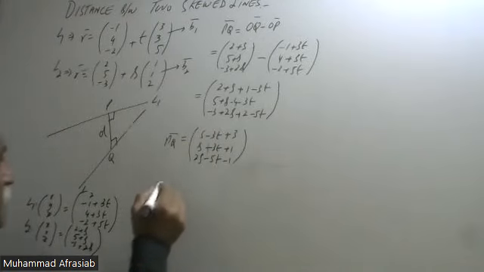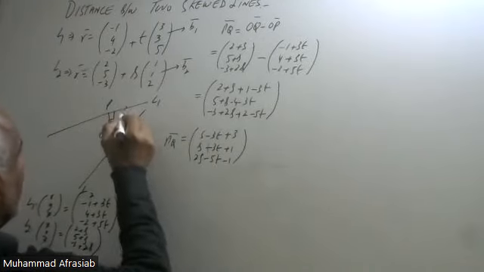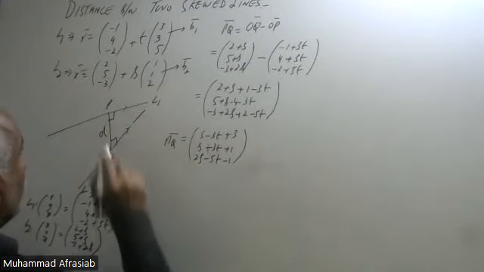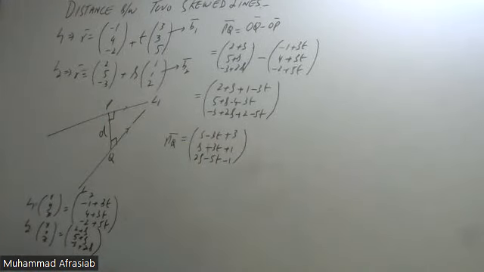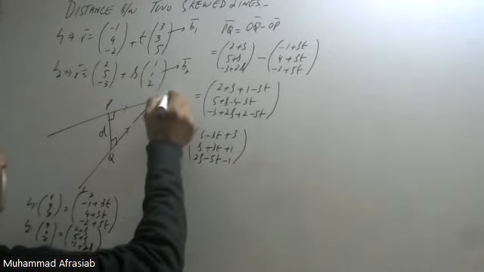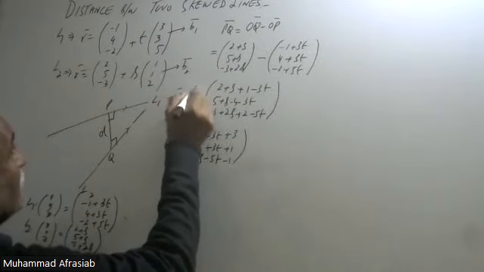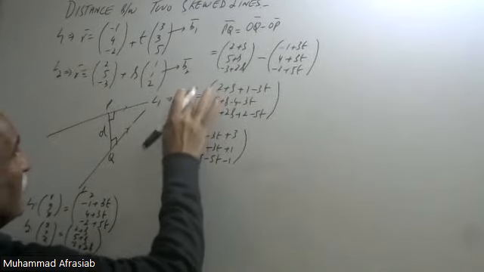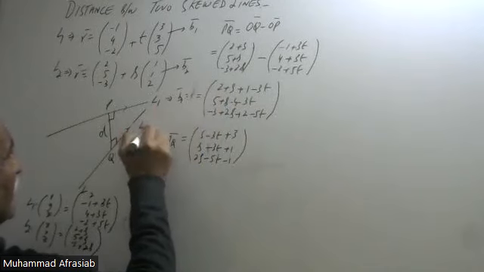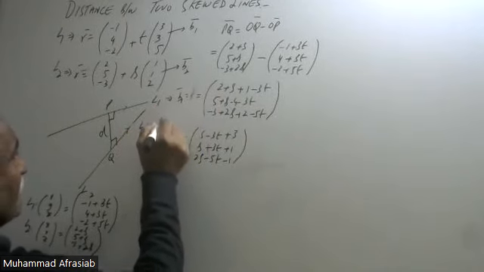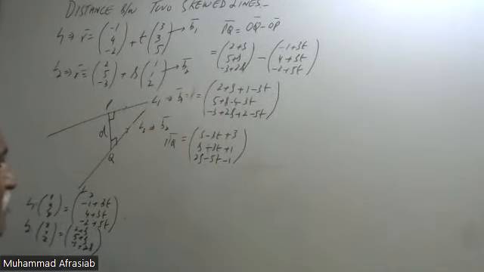Since line L1 has the direction vector B1 and line L2 has the direction vector B2, we know that PQ is perpendicular to both of these lines.